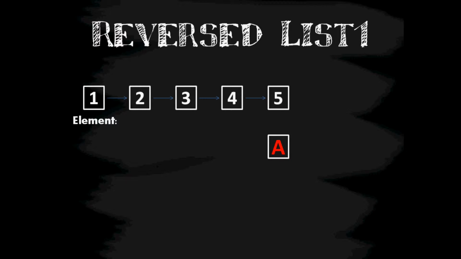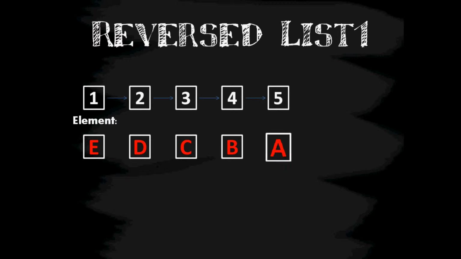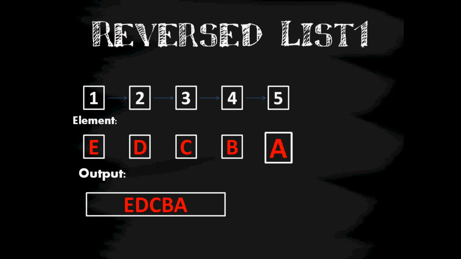The first element that you entered using push_back will be the last element in the order of your list, and the last element that you entered will be the first element in the order of your list. In our example, our first element was the character A. So now, since we've used the reverse function, it would be the last element. So the output of your list would go like this: E, D, C, B, A.